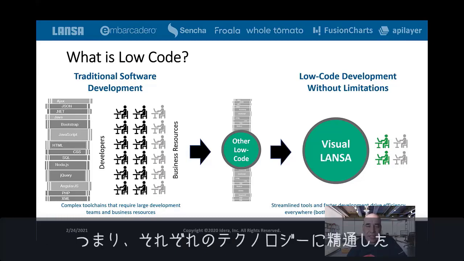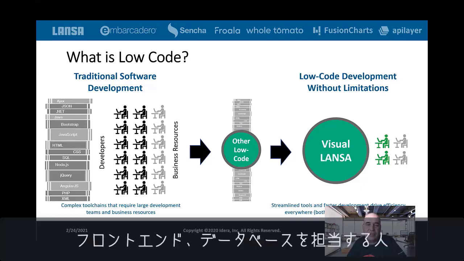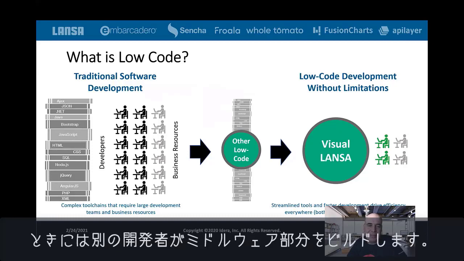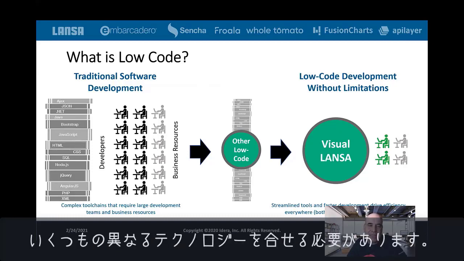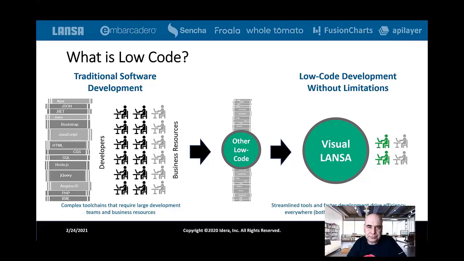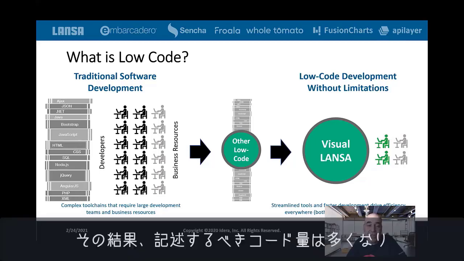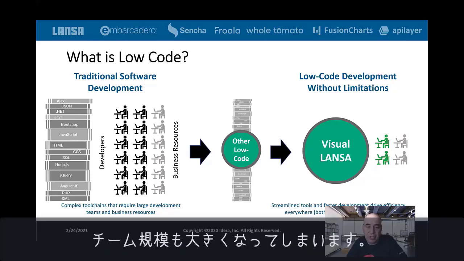What that means is that you usually need different types of experts that can do the front end part, the database part. In some cases, separate people will build the middleware, and you may mix and match multiple different technologies. In fact, you generate more code and the teams are larger.